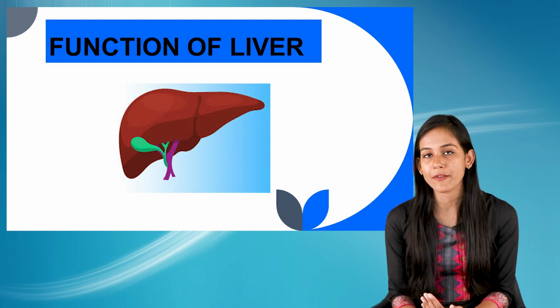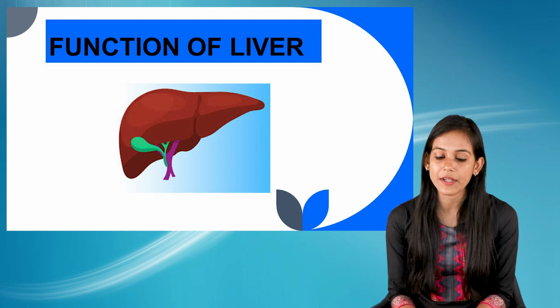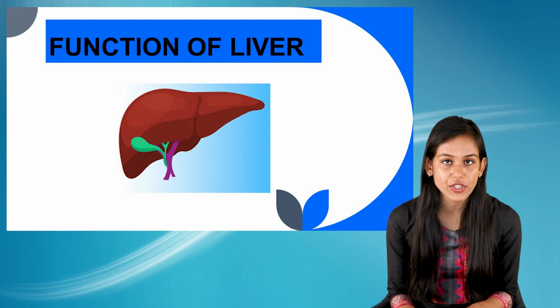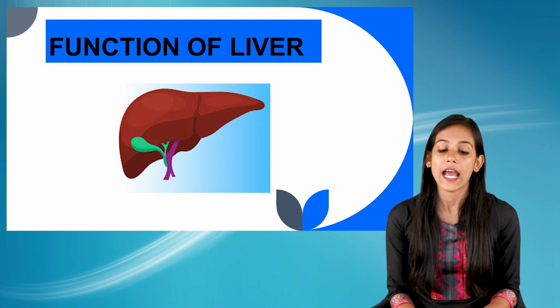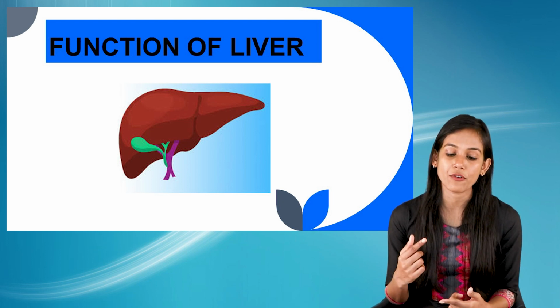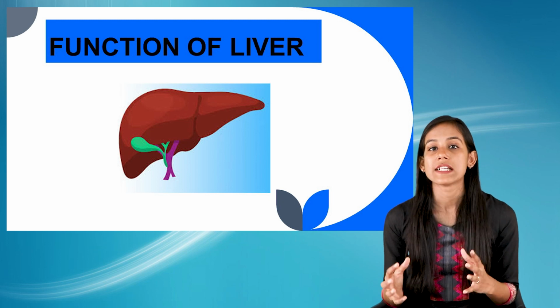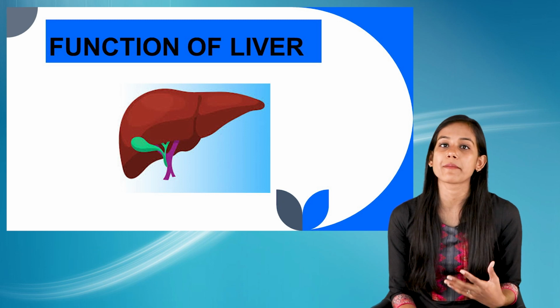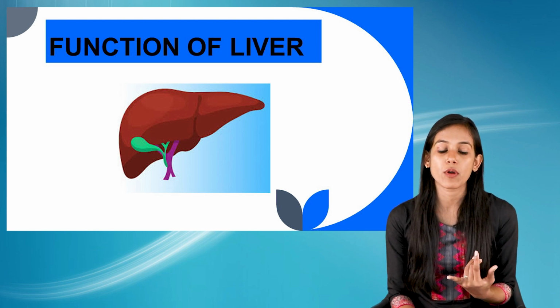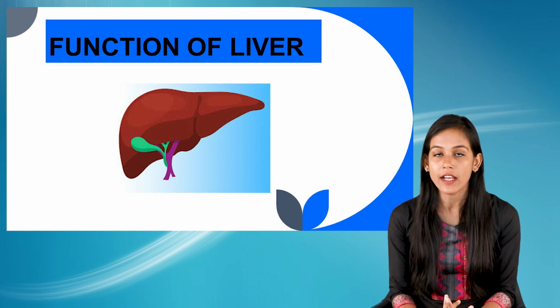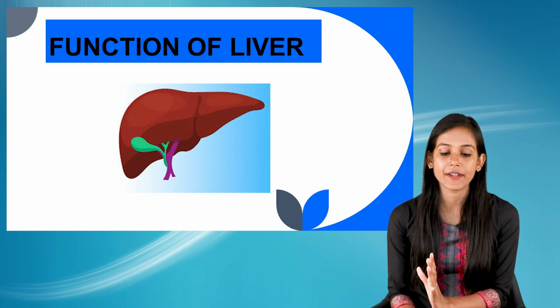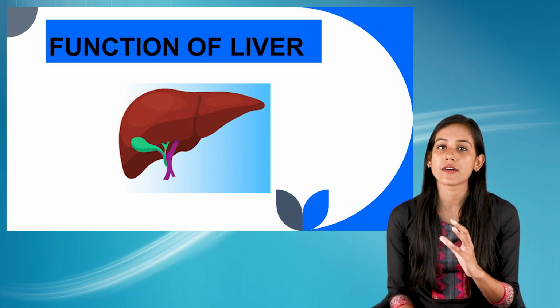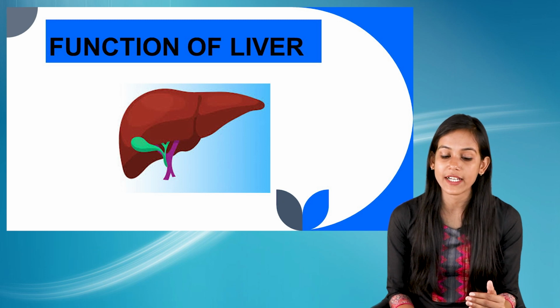The liver helps in bile production and excretion, and also in excretion of bilirubin, cholesterol, certain hormones and drugs. It also helps in metabolism: metabolism of fats, proteins and carbohydrates. There are also enzyme activation activities.